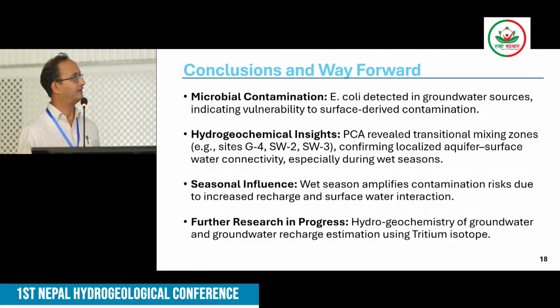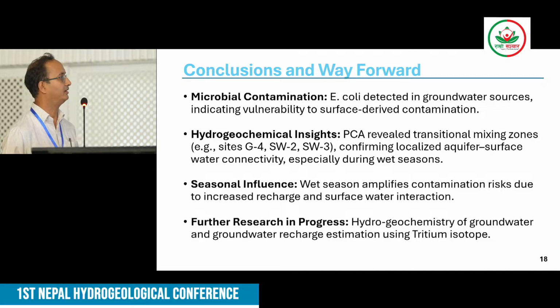This also indicates that the groundwater contamination might be from the surface water that leaches to the groundwater layers. So we can draw this conclusion, and another is hydrogeological insights.